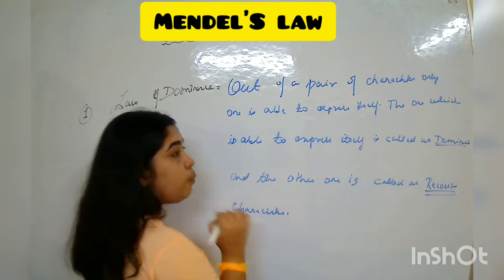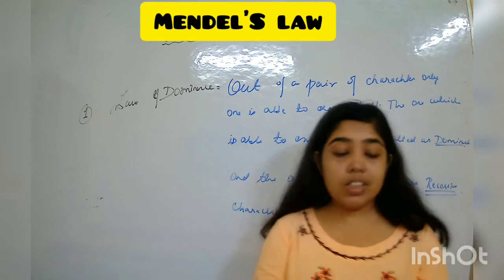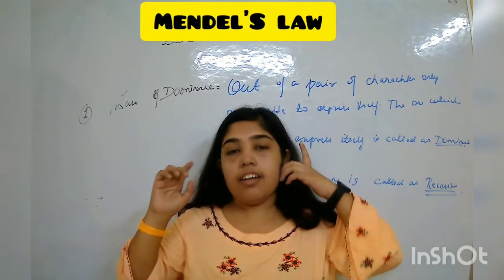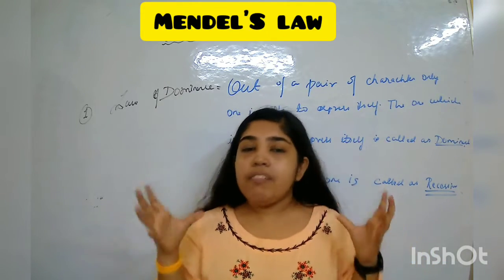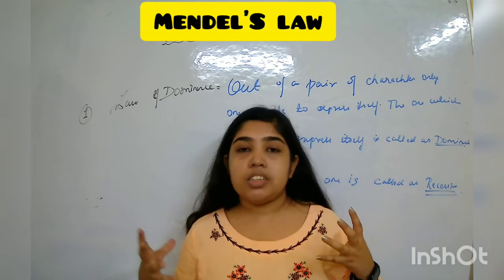Students, if you read it in a proper way, it's easy, you will be able to understand. I say there are two characters. We have taken, suppose, plant height, one is tall, one is dwarf.